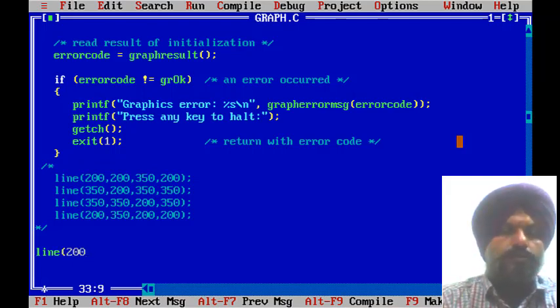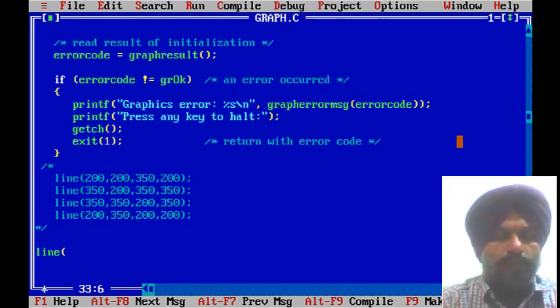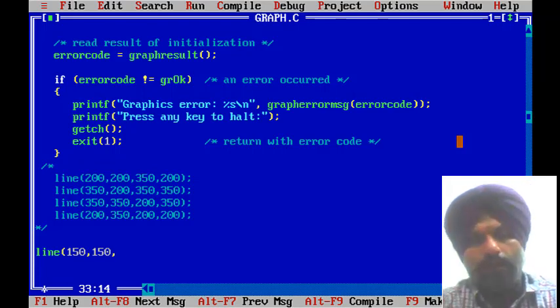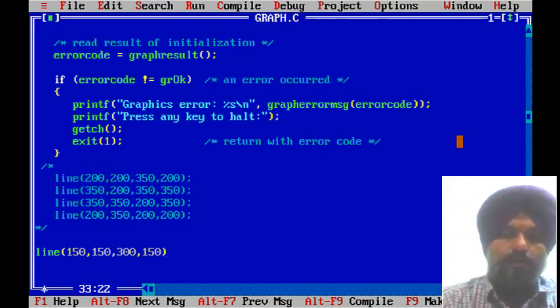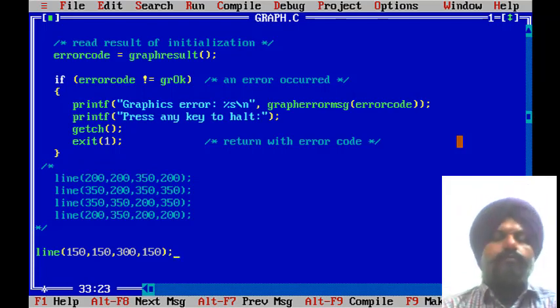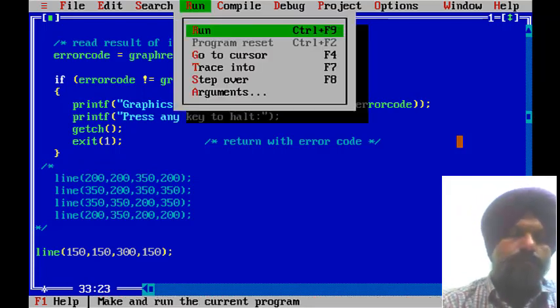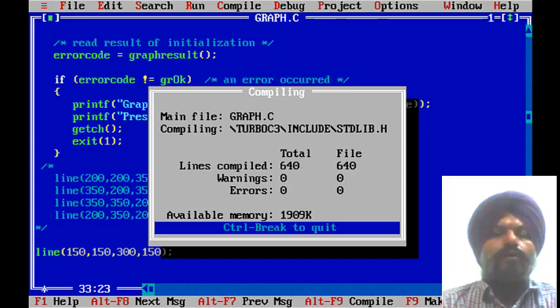Let's take this value, 150, 150, and the same, take a 150 difference on the x-axis. If we run the program, the base of the triangle has been drawn.